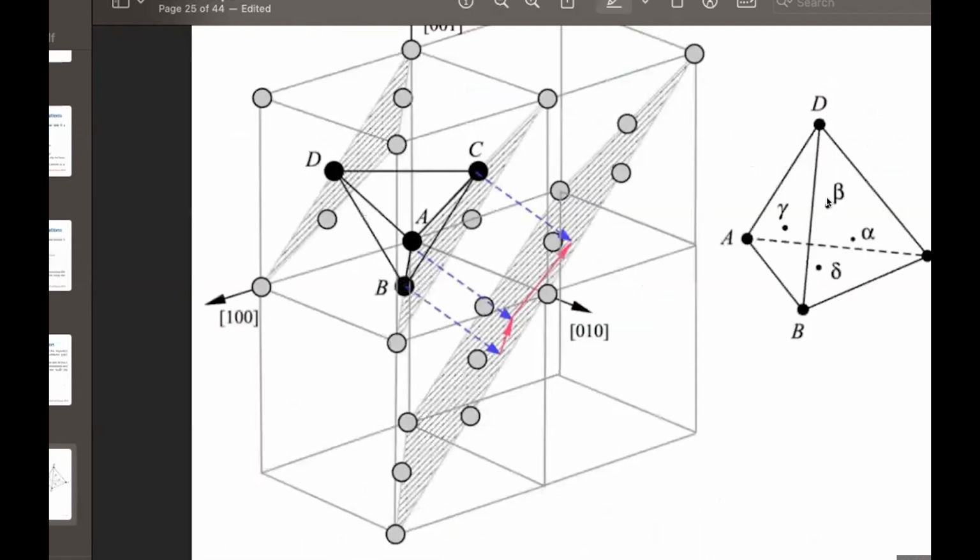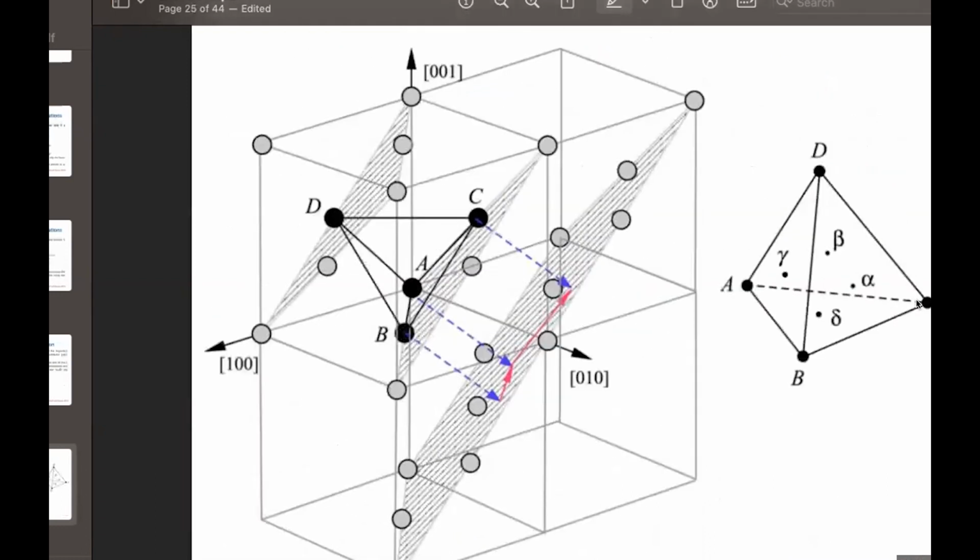So here we have the Thompson tetrahedron, different planes, and here you see perfect dislocation. For example, along 1-1-1. Here we have the plane. So this direction is 1-1-1 direction.